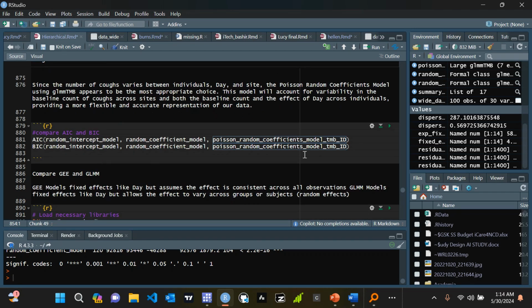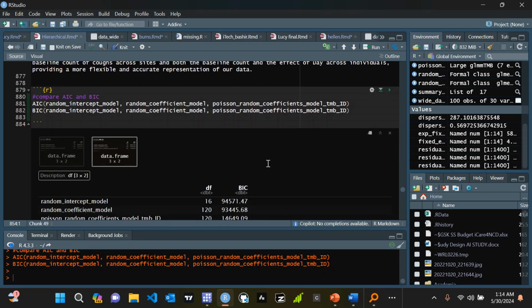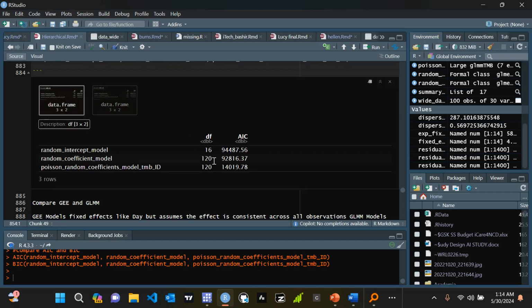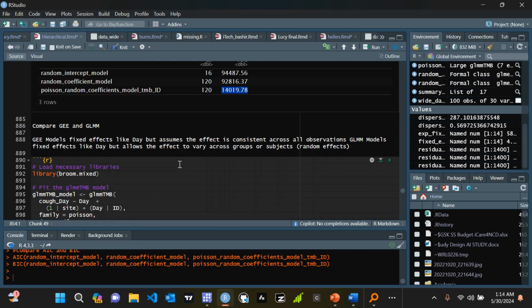If we go ahead and do the AIC and BIC, still we can see that this one has the least AIC and BIC. Still, this random effect coefficient model TMB is the best.